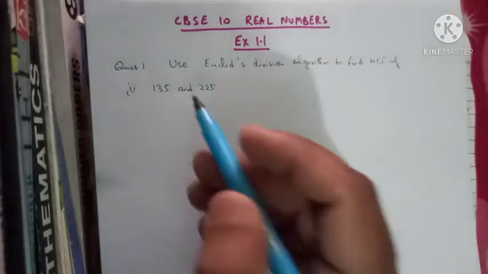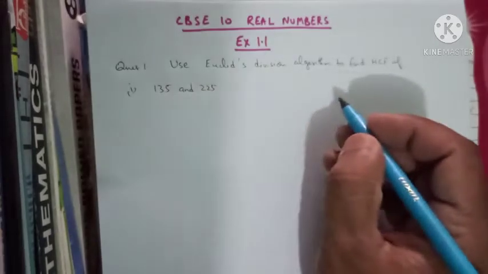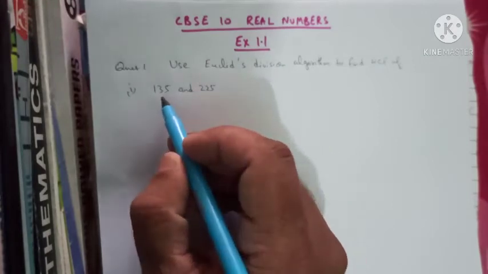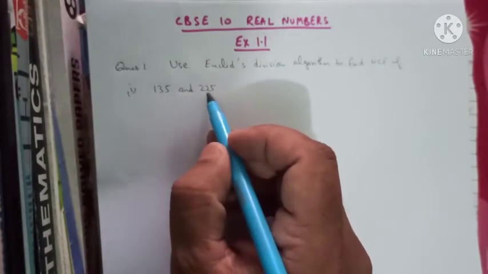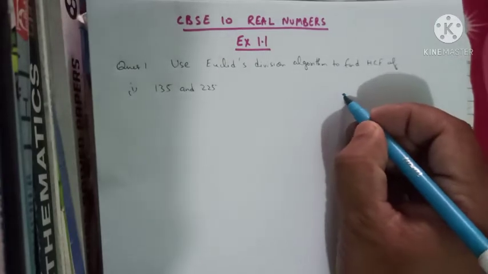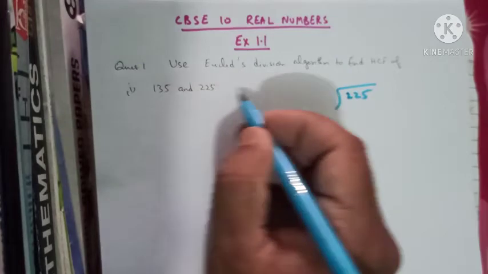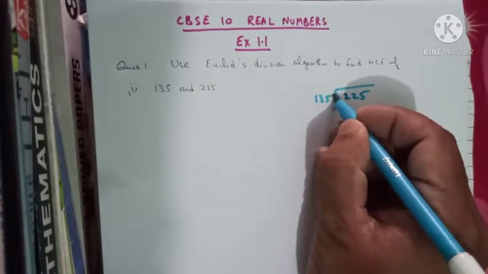So here in the first question, 135 and 225, we will take the bigger number as the dividend. 225 will be taken as the dividend, and the smaller number 135 will be taken as the divisor.